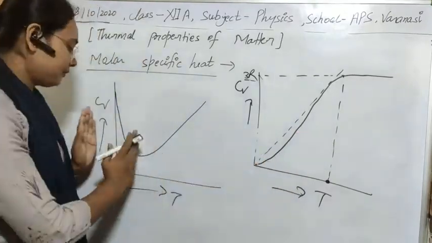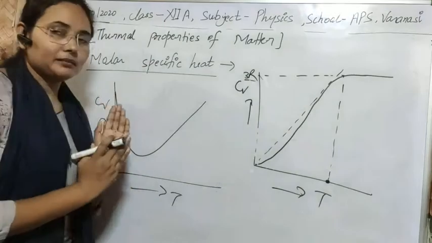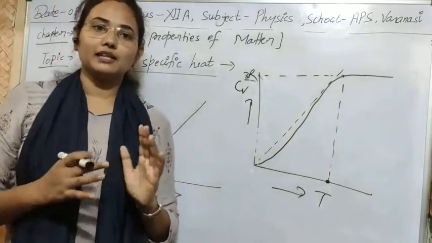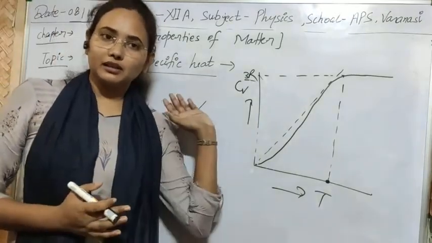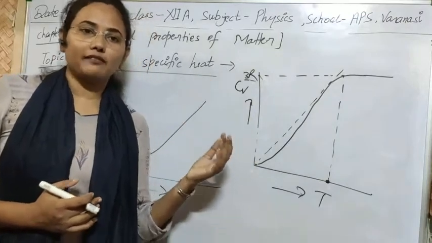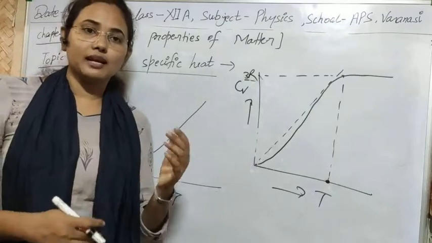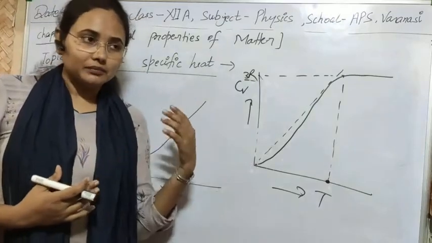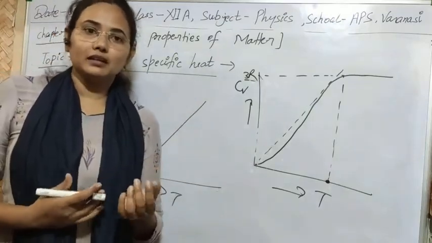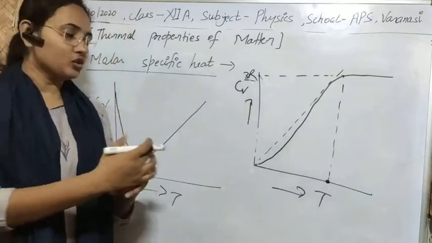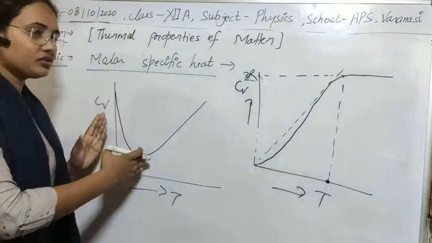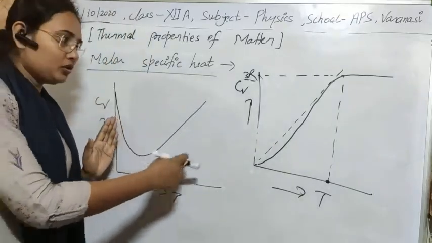But from here, due to its peculiar, anomalous behavior, as I have told you, the concepts of mass, density and volume also come out different from other liquids and solids. That's why we have to study it separately.